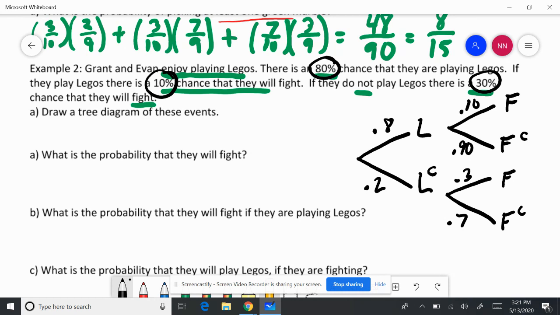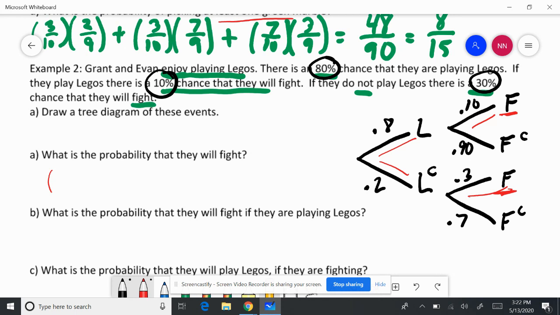So that right there is our tree diagram. Now it asks, what is the probability that they will fight? Now, fighting could either be one of those two. So that means that it could be Legos and fighting or not Legos and fighting. So we have to find both of them.